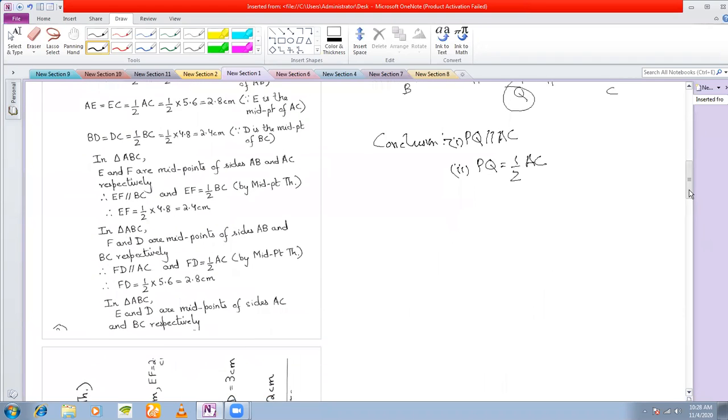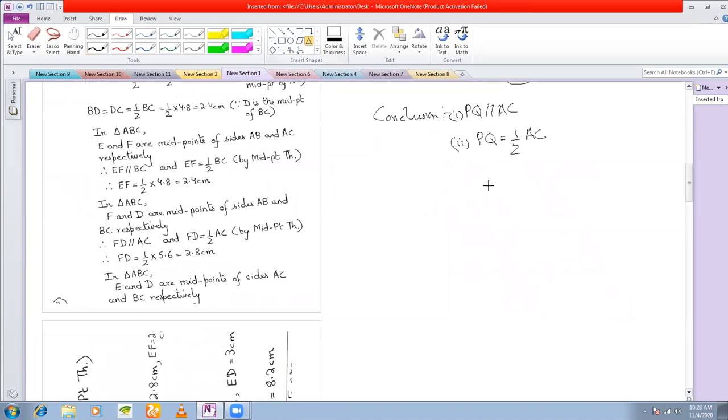Suppose I give you another triangle, and I give you two midpoints here, P, and another midpoint here, Q, and join these two. Then what can I conclude here?